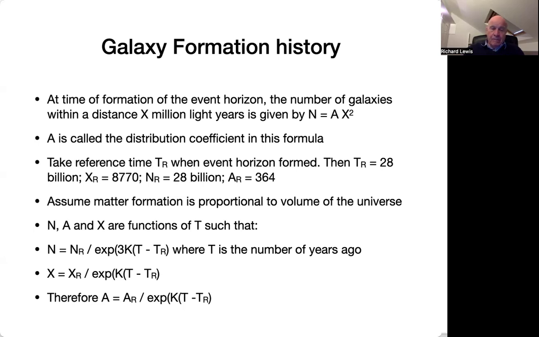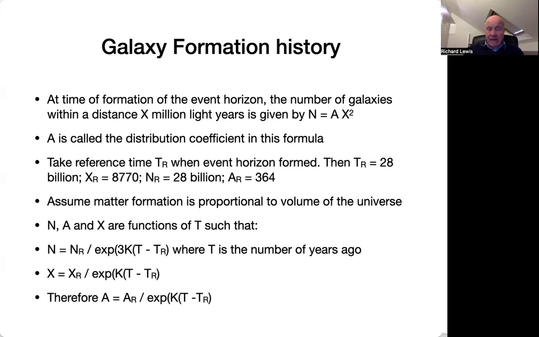And we're assuming throughout all of this that matter formation is proportional to the volume of the universe, which is not unreasonable given that it's matter being released from the universe as a whole. And what that means is that because space is expanding by a factor E every 14 billion years, the volume of the universe is going up by a factor of E cubed.